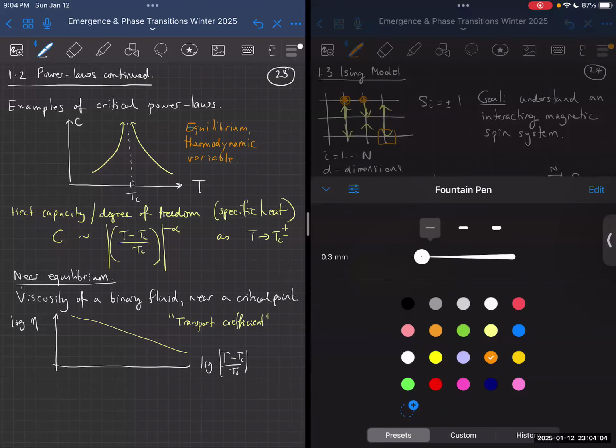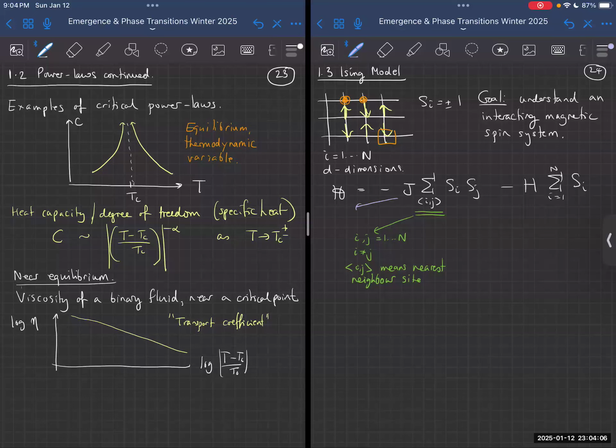All right, so that's that. Then this J is called the exchange interaction, and it's a number that is computed from the overlap of wave functions in quantum mechanics. I'm not going to go through that, but it's an example. We will call such a thing a coupling constant. We call it that for obvious reasons. It couples together two degrees of freedom, Si and Sj, if i and j are on nearest neighbor sites.